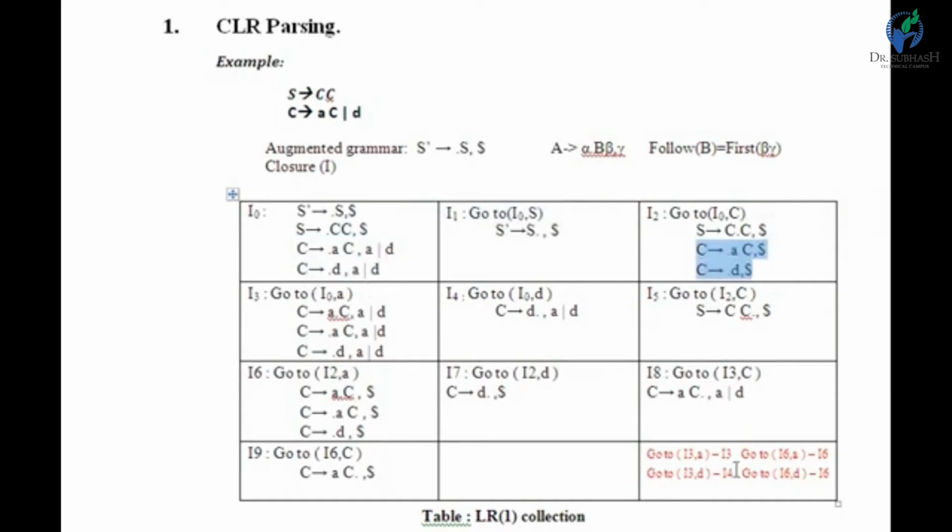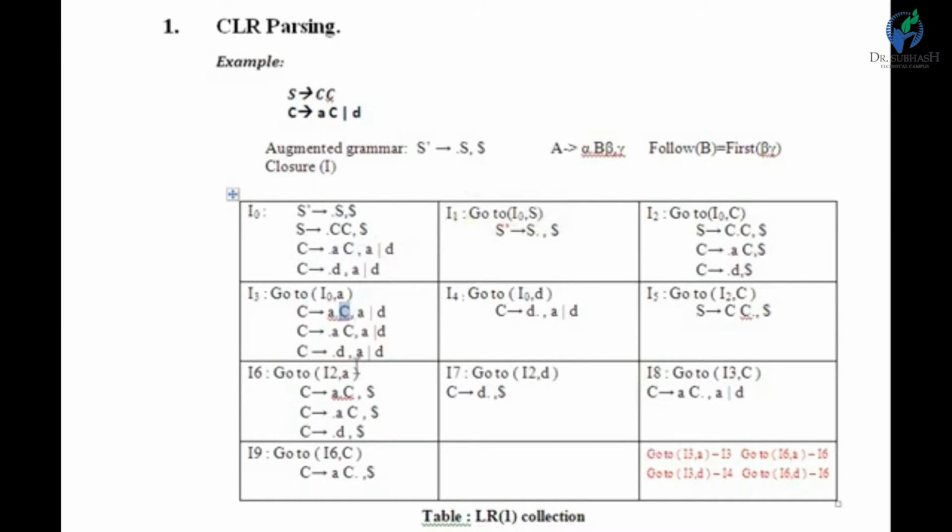Note that here the look ahead from C is a or d, and here the look ahead is dollar. These are both different. Next, move I0 on A. Your production will be C gives A dot C, comma a or d.